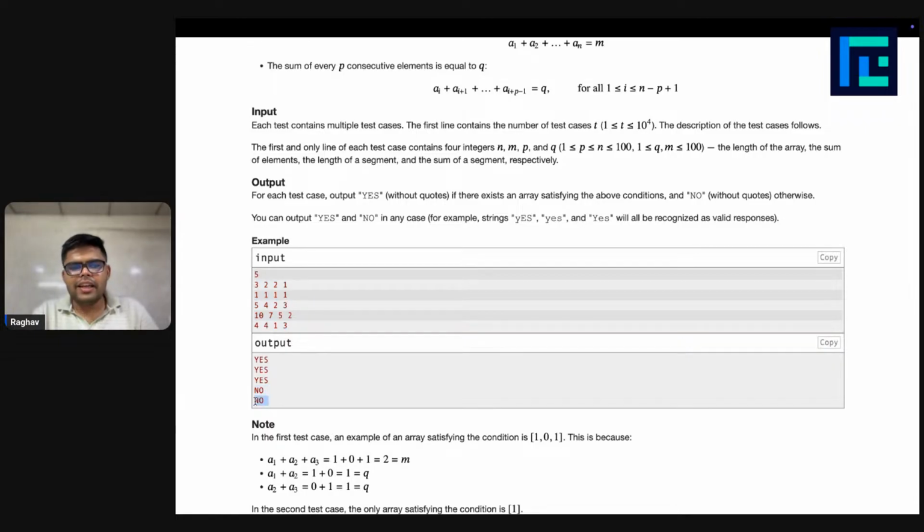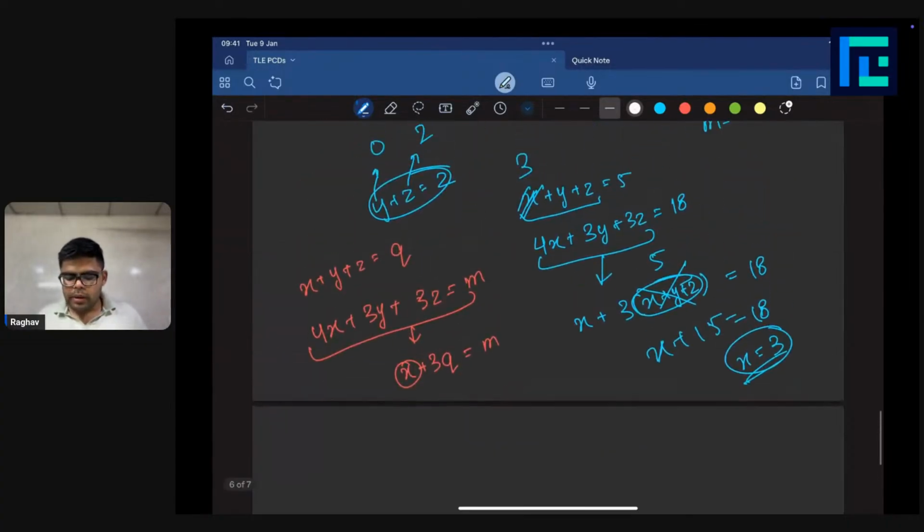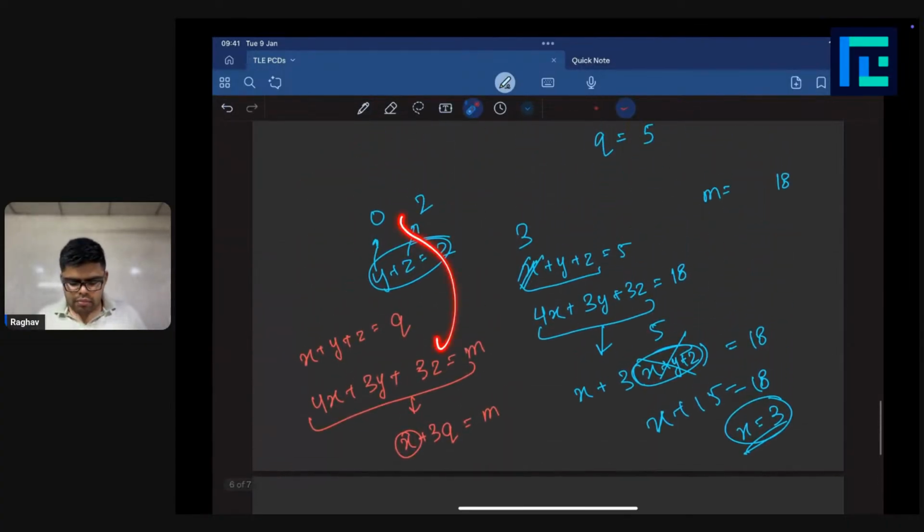So you can see that there are some cases for which the answer is no. You can try to figure out the case where we can have no, and from there think in which cases we might not be able to satisfy both of these conditions.